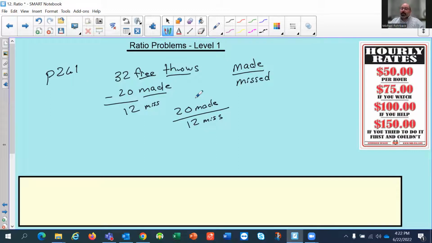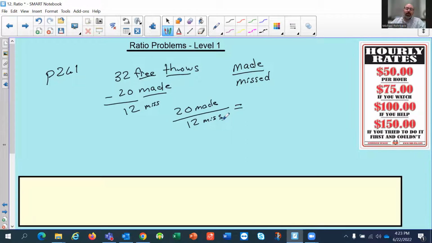Well, if you look up in the starting directions on page 261, it says, write each ratio as a fraction in lowest terms. That means you have to reduce this. So you're not going to see this as your answer. It is correct, but it needs to be reduced. So you're looking at a 20 and a 12. You have to divide by something that they both have in common.